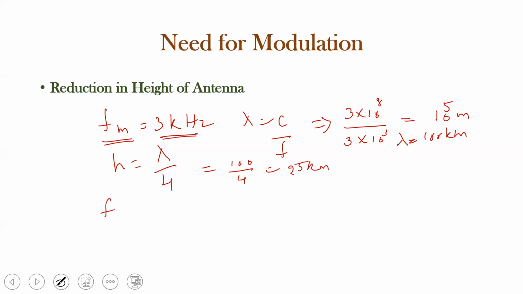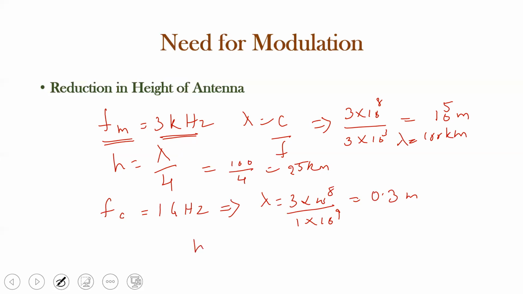Now let us assume that we are increasing the frequency of the signal. So let's take a carrier frequency, as we do in modulation, where we increase the frequency of the signal. Let's take the frequency to be 1 gigahertz. Now for this 1 gigahertz, lambda becomes 3 into 10 power 8 divided by 1 into 10 power 9, which becomes 0.3 meter.